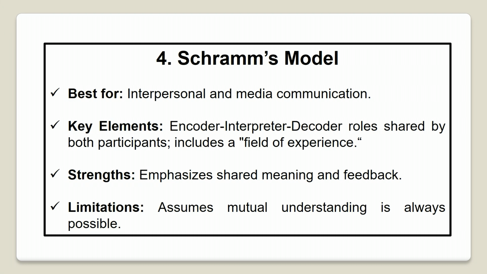The Schramm model discloses different elements like the encoder, the interpreter, meaning who interprets the message, and the decoder, roles shared by both participants, which includes a field of experience. So, these are the key elements.